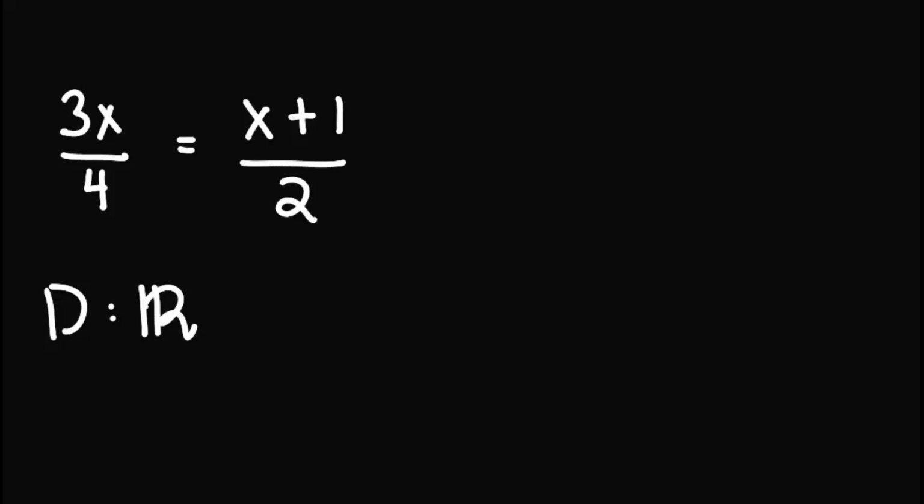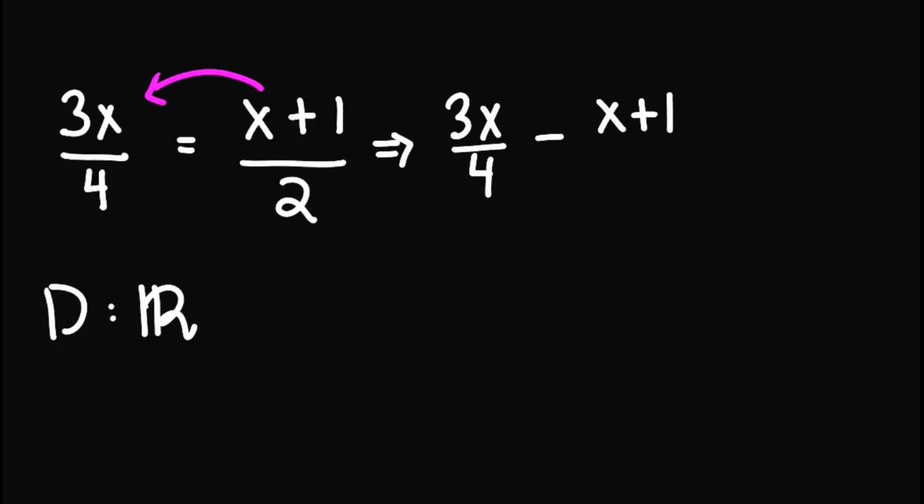So the first step in applying the zero fraction method is to move every rational expression to one side of the equation. So for this case, we move this one to the left to obtain 3x over 4 minus x plus 1 over 2 equals 0.